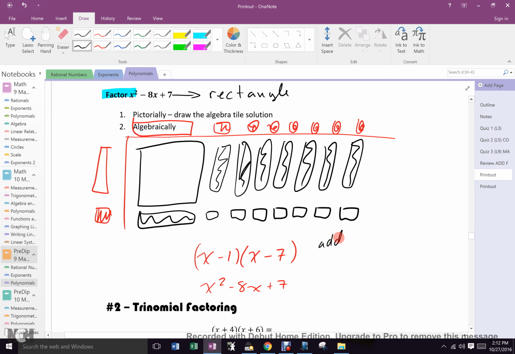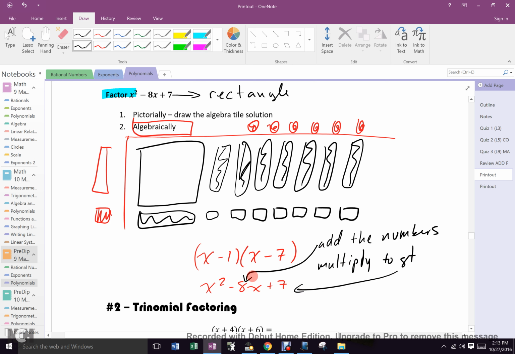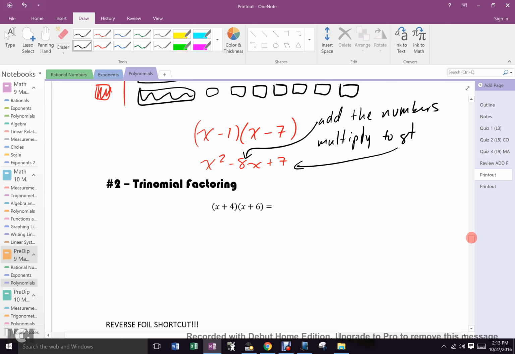I add what? Add the numbers. Get me this, right? And multiply to get this, right? Everybody with me? Okay.